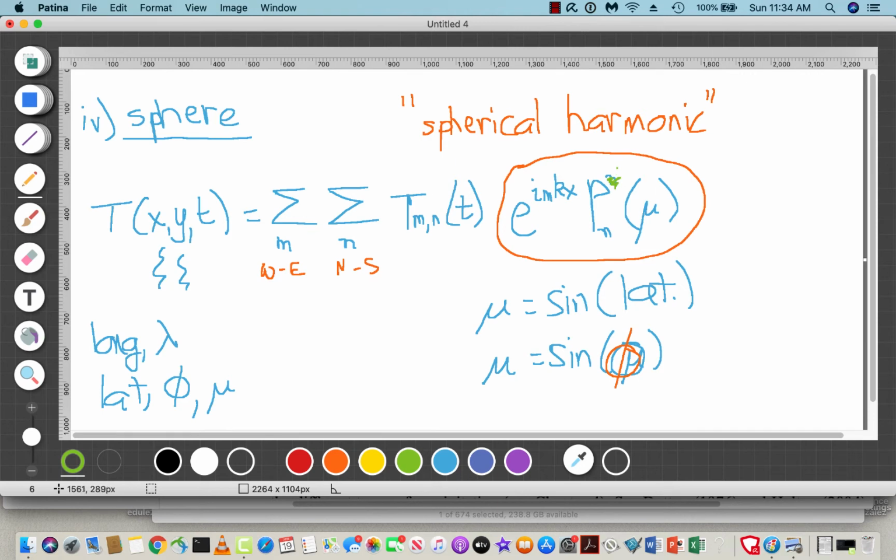This thing here should be M. It's just M, little n down here, and I'll tell you what it all means in a little bit. Anyway, for the sphere, if we're going to use spectral methods to solve the equations of motion on the sphere, instead of expanding as sines and cosines, we have to expand in terms of these things called spherical harmonics.